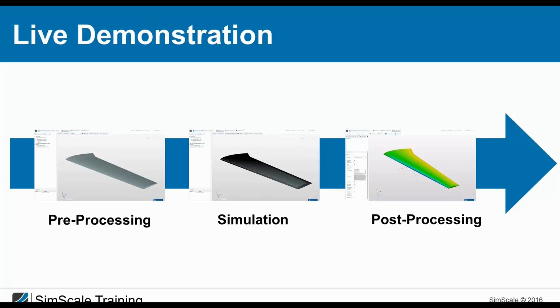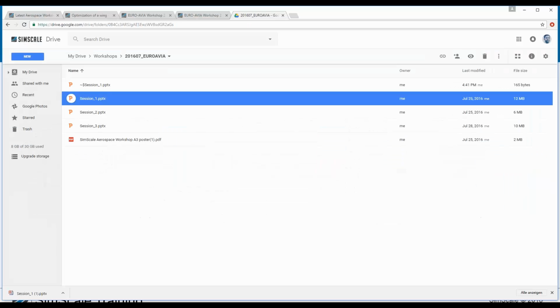Okay, Ahmed wants to know what the name of the free CAD software is again. And I think I will show you that. Just one second. Let's switch back to the web browser.